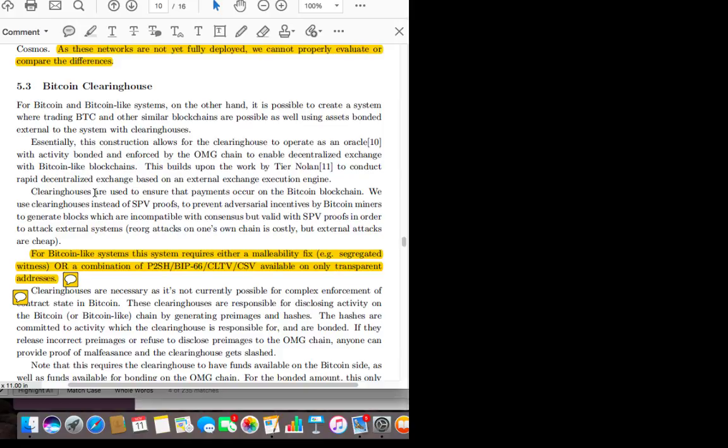They use clearinghouses instead of SPV proofs, I believe, to prevent evil incentives by Bitcoin miners to generate blocks which are incompatible with consensus but valid with SPV proofs in order to attack external systems.